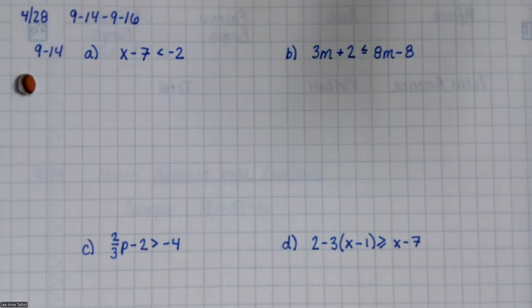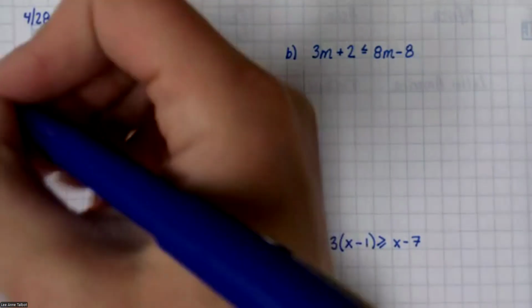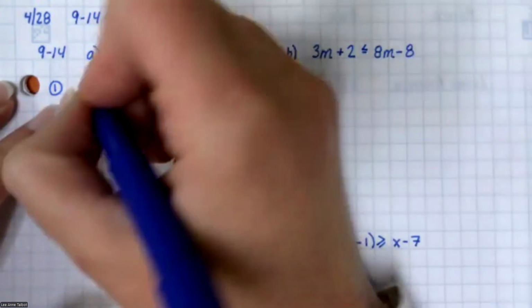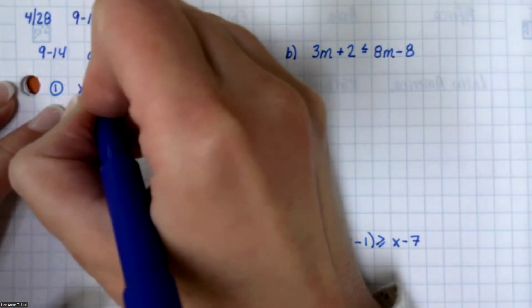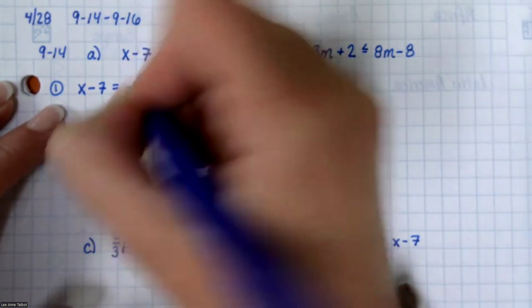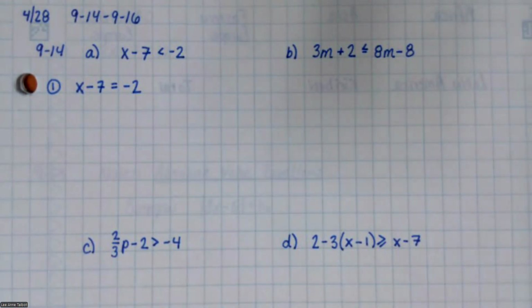Okay. So this is what we learned on Friday. If you were not here, this is going to be a great time for you to catch up. Step 1 is to pretend that you have equals. So just rewrite the problem as x minus 7 equals -2. So step 1 is you're just going to ignore the inequality for a moment, and you're just going to write it with an equal sign.